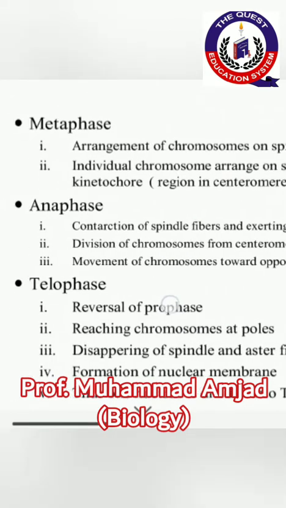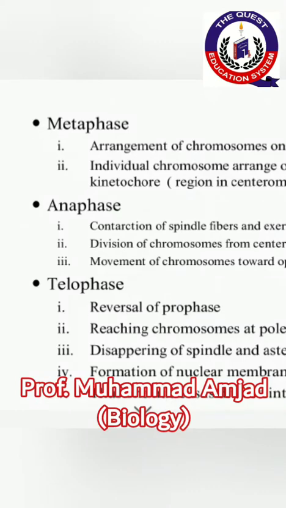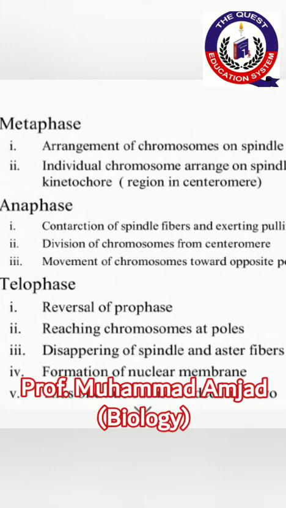Telophase is the reversal of prophase. It means the structures which were produced during prophase will now disappear, and the structures which disappeared in prophase will reappear in this phase. For example, the first thing is the reaching of chromosomes at the poles. Next is the disappearing of the spindle and aster fibers, which, as you have already studied, were produced during prophase.